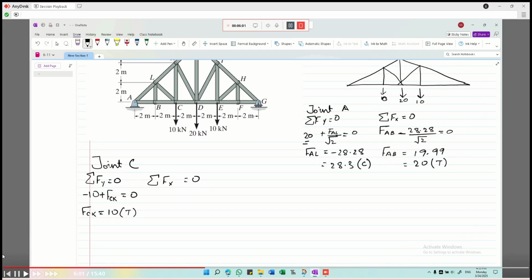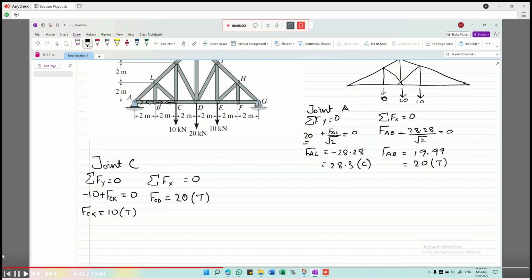Next, we will find out force CD, and that is obvious to be 20. Let me tell you why. Because as we can see, AB is 20 and in tension, and hence BC would be again 20 and in tension.